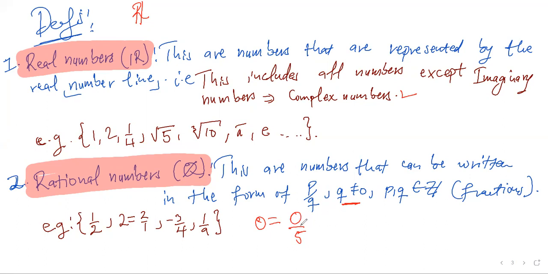So therefore, 0 still is a rational number. I guess we are good with that. And then, yes, we have 1/2, 2, which can be written in the form of 2/1 or 4/2, either way. And then another example is -3/4. The other one can be 1/9 and etc., those that I have not mentioned.